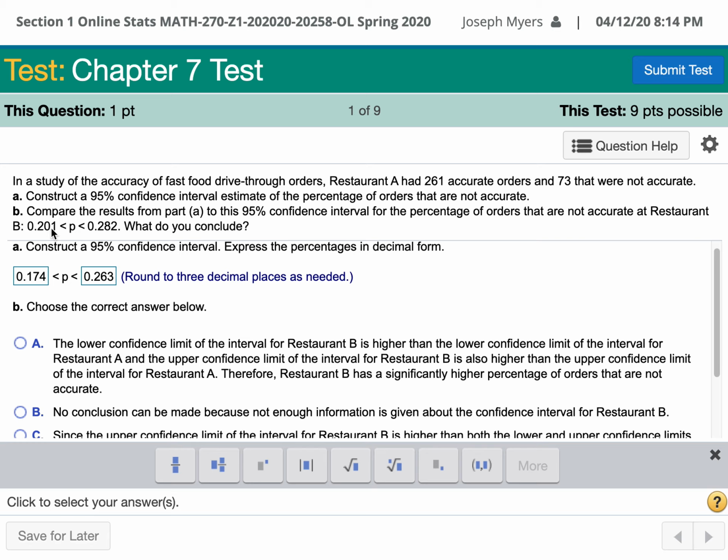So this interval and this interval, they overlap each other. And when they overlap each other, that means neither restaurant appears to have a significantly different percentage of orders that are not accurate, since they overlap.